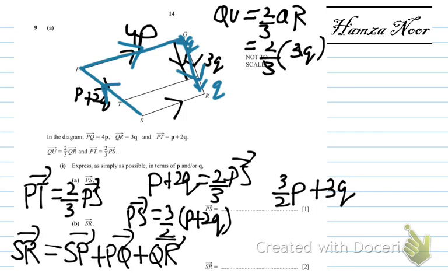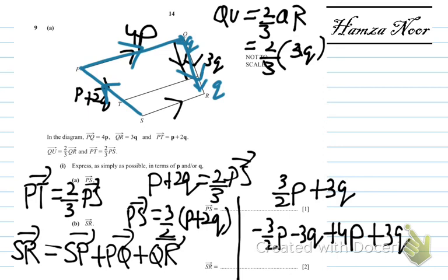Since you know that the PS vector is 3 over 2 p plus 3q, SP will be the opposite since the direction is now changed. SP vector is going to be minus 3 over 2 p minus 3q, and the PQ vector is given, 4p, and the QR vector is also given, 3q.